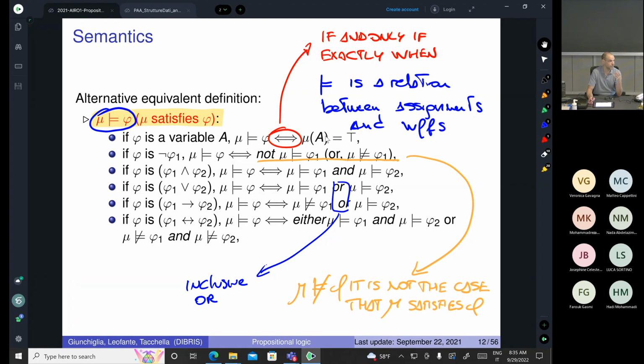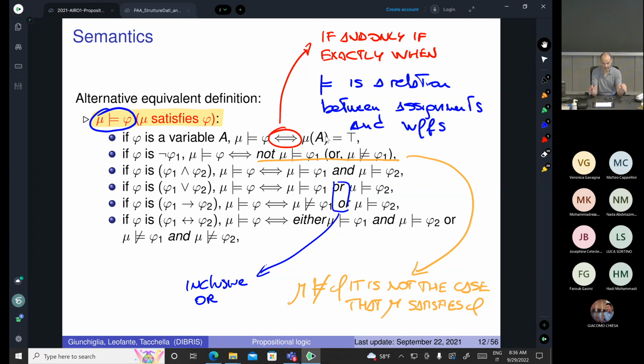If you had previous exposure to Boolean circuits, you know that you don't need all these connectors. We said last time that even one single connector like NAND or NOR gates is sufficient to build all the other ones. But to make our life easier, since we are not building circuits in silicon, we introduced more connectors and defined their semantics.